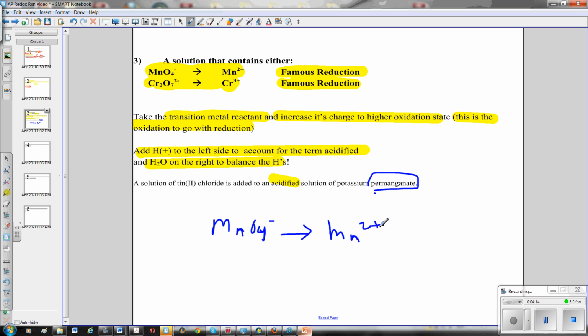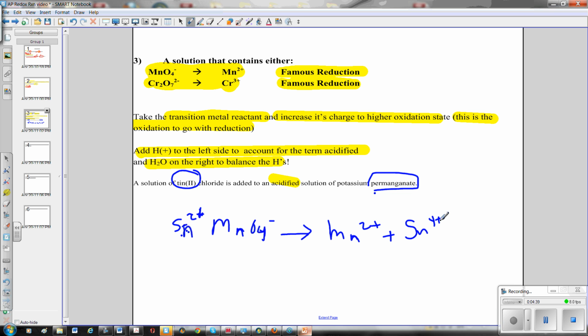I need an oxidation. They gave me tin 2. So I'm going to write tin, which is going to be Sn2+ here. And on the other side, it's going to become Sn4+, because those are the two charges of tin.